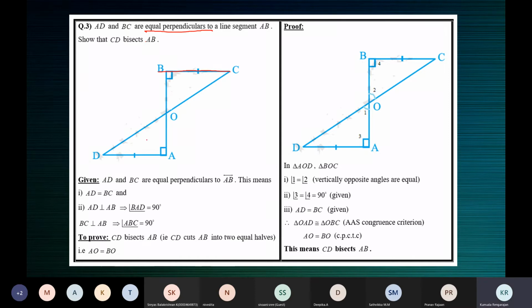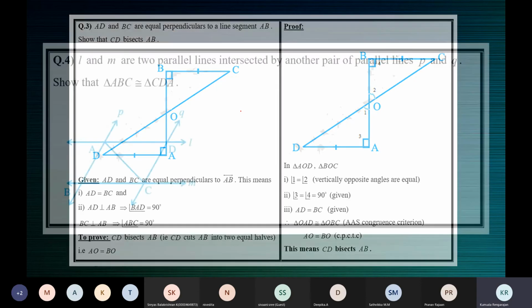Then CB is equal to DA. Since the perpendiculars are equal, AD is equal to BC. But it's not true always. Perpendicular means 90 degrees. That's all.